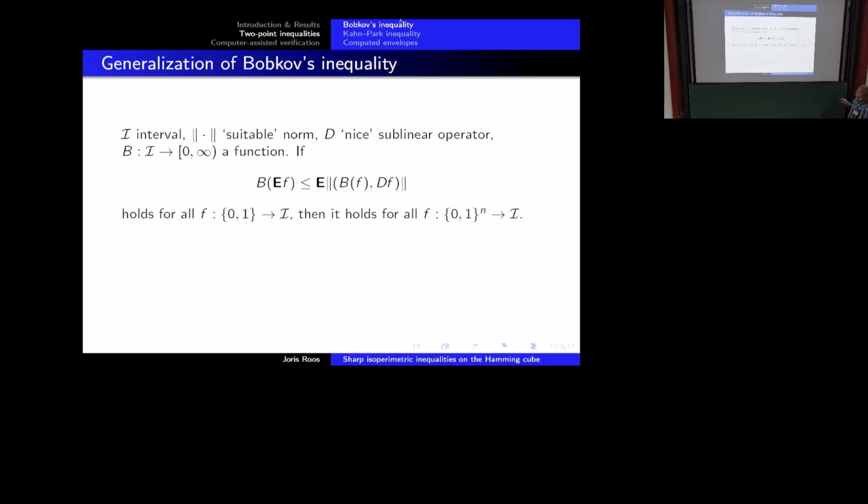So I have these kinds of inequalities, and they hold under some mild conditions on the norm and on this sublinear operator. Basically, you can run the same inductive argument and you can extract what you need, and then those are your assumptions, and they're quite mild. They work for a lot of interesting cases. So particularly, this is the case that gives us a one-sided isoperimetric inequality, where we no longer take simply the absolute value of the difference of f of x and f of x plus e_i, but we now care about the sign.